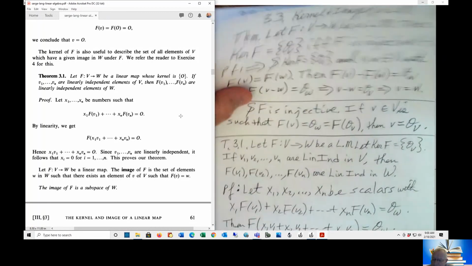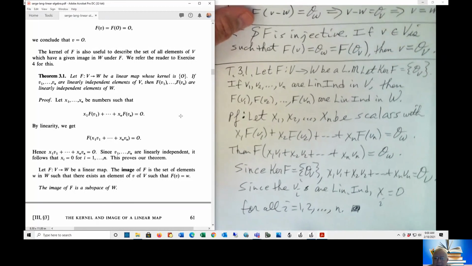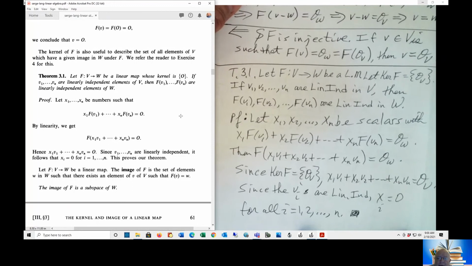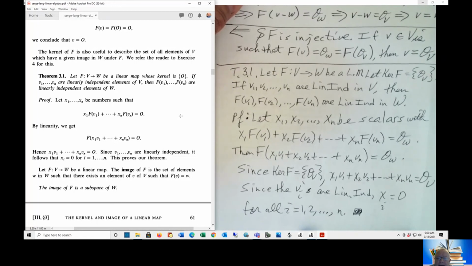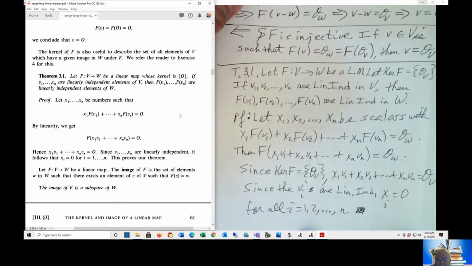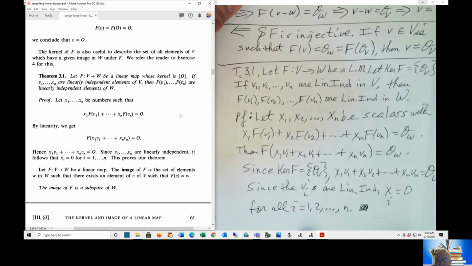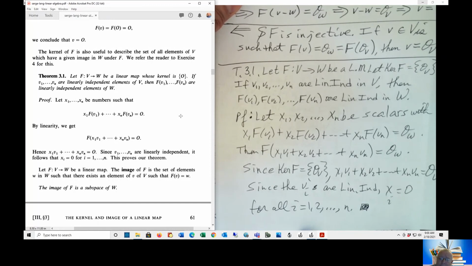So let's look at the proof of this statement. Okay. So we have to start out with a set of scalars, x1 through xn, with a linear combination of the f(vi)'s equal to the 0 vector in W. But since f is a linear mapping, we can take those linear combinations and rewrite it as f evaluated at the linear combination of the vi's with the xi's.